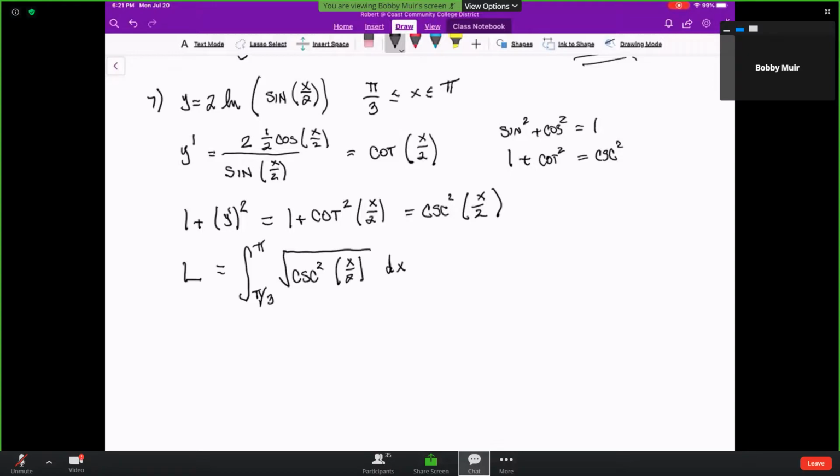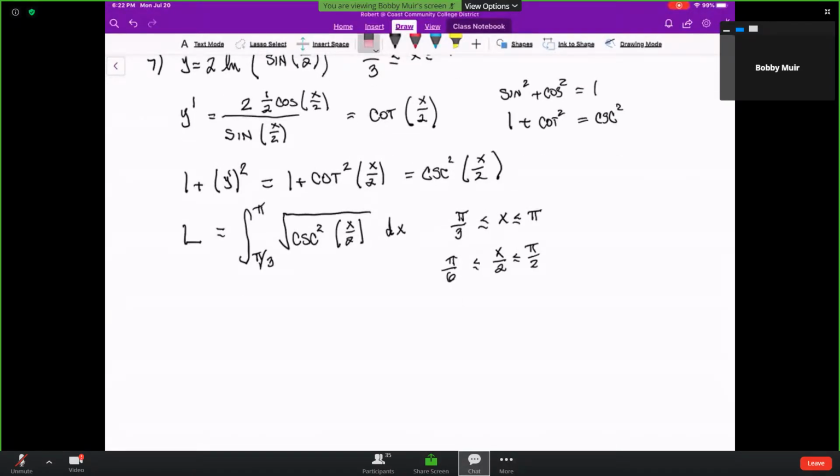Okay, now remember that x is running from pi over 3 to pi. So that means that x over 2 is going to run between pi over 6 and pi over 2.